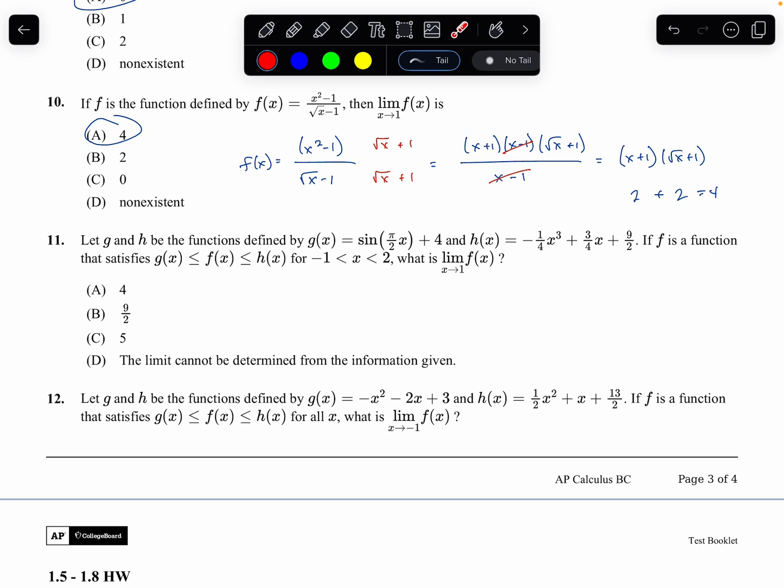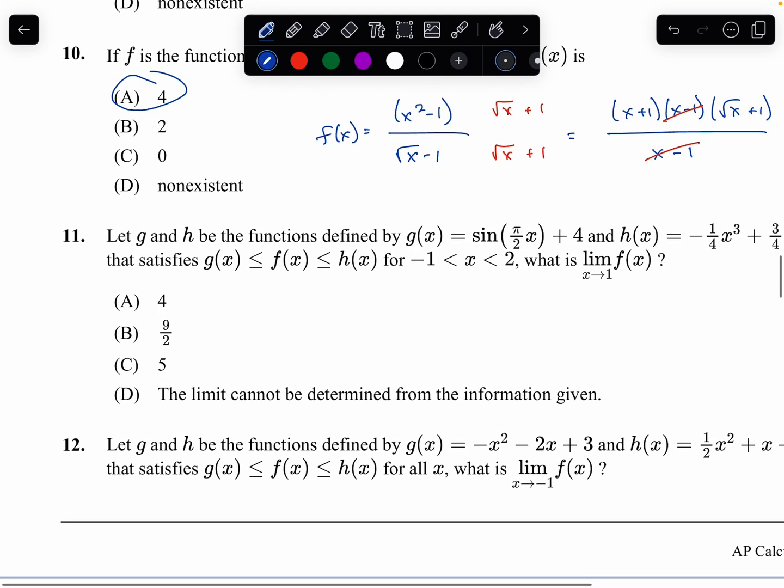Okay, so if we remember the squeeze theorem, what we're basically trying to show is that the limit as x approaches 1 of g of x is supposed to be equal to, we'll say L. And the limit as x approaches 1 of h of x here will equal L.